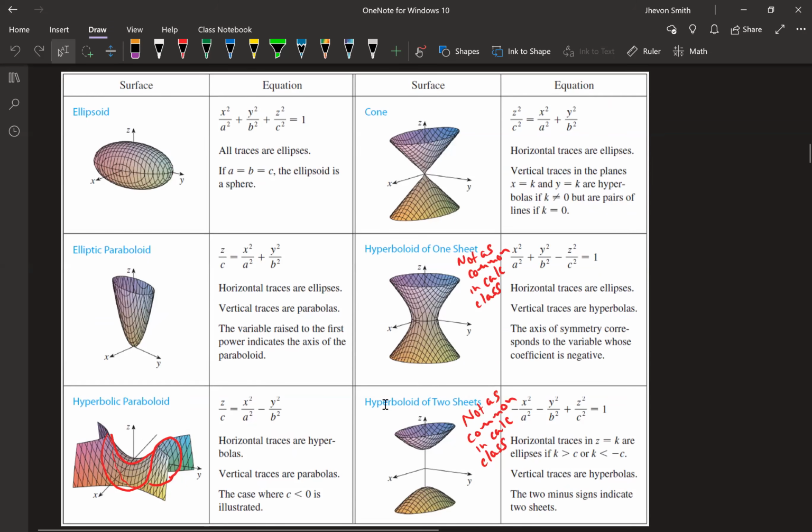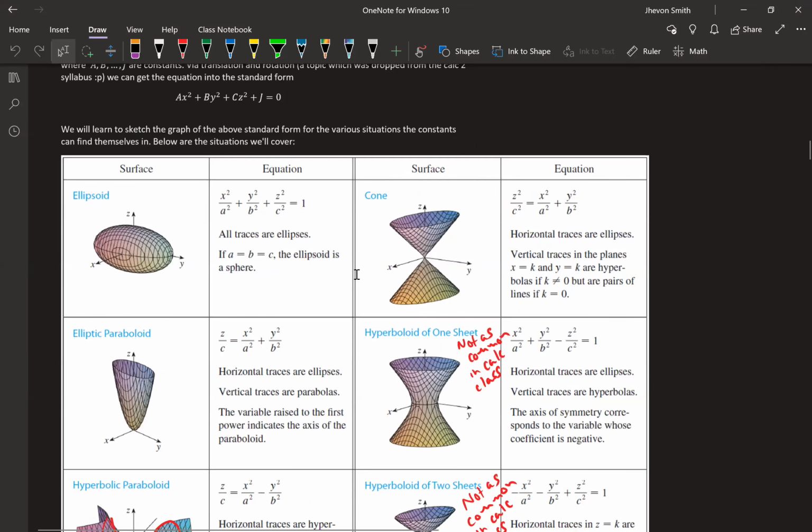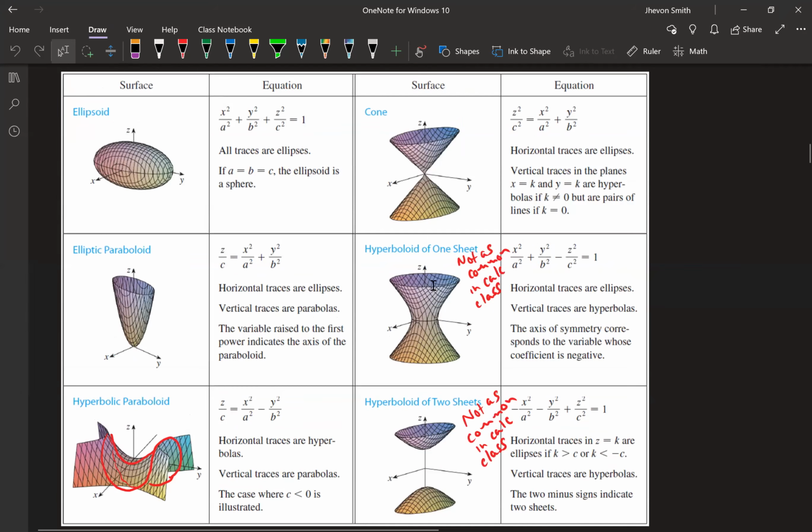It'll be one of these. We looked at the simple types. The most general type will still look like one of these, it'll just be tilted. You might not have them running along the X, Y, or Z axis; they might be running along some different line. But these are the basic 6 shapes that you can get.